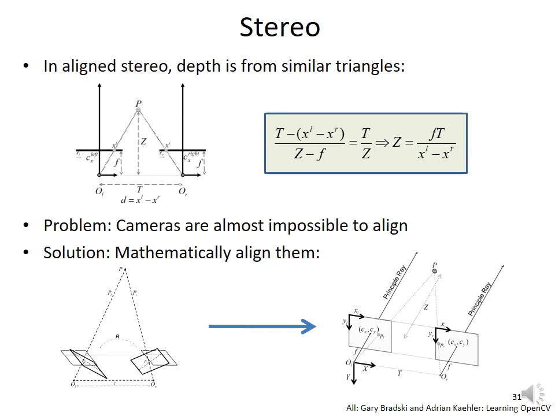We can get the depth value from this equation: Z equals F T over XL minus XR. This is the disparity. T is the distance between the origins of the cameras, and F is the focal length, from here to here.